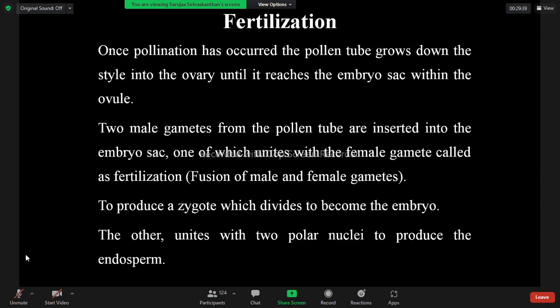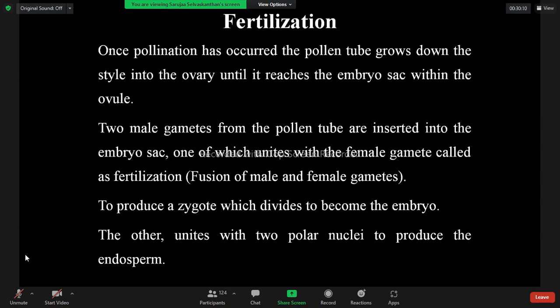Two male gametes from the pollen tube are inserted into the embryo sac, right? One of them unites with the female gamete, and that is called fertilization. So what is happening? After pollination, the pollen tube develops from the pollen. It grows down through the style into the ovary.